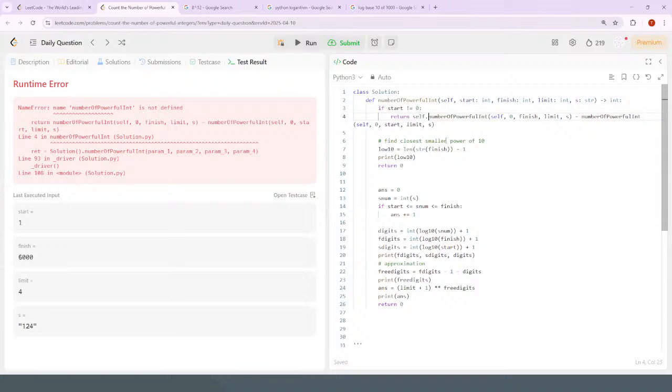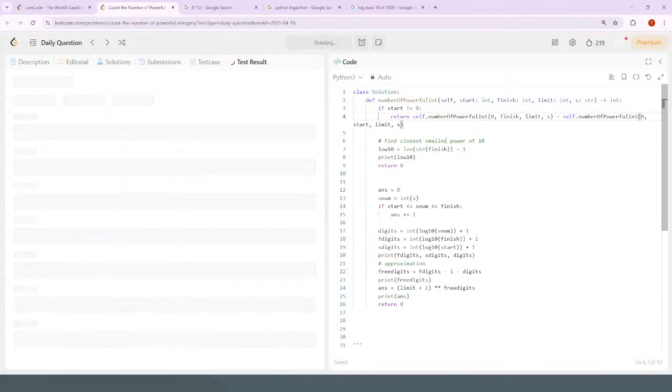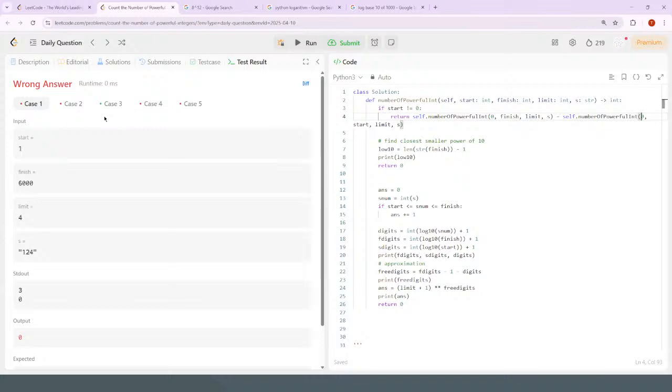Alright, I think I miscalled this. I think it probably should be called with this. Okay. So a low power of 10.